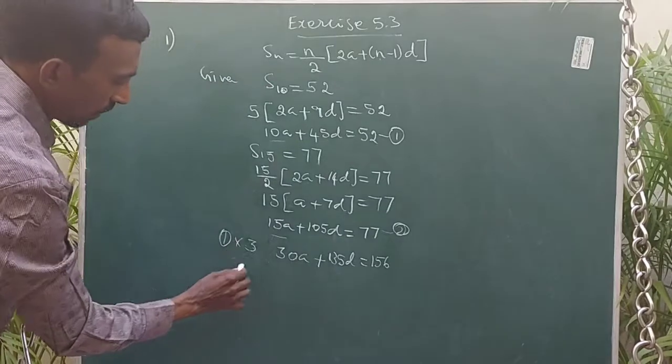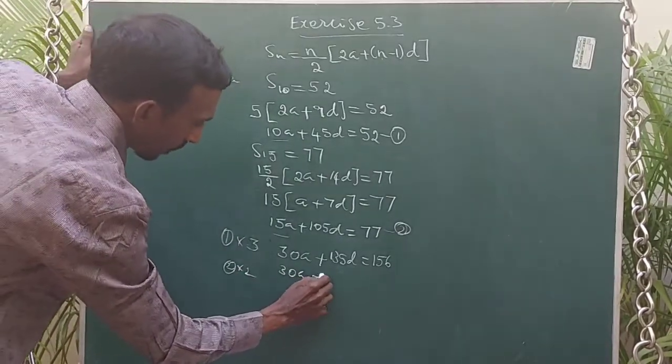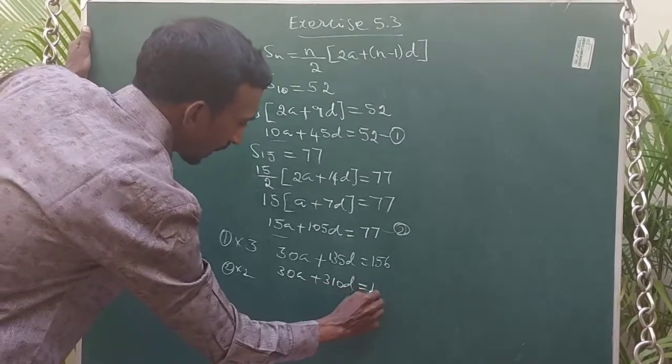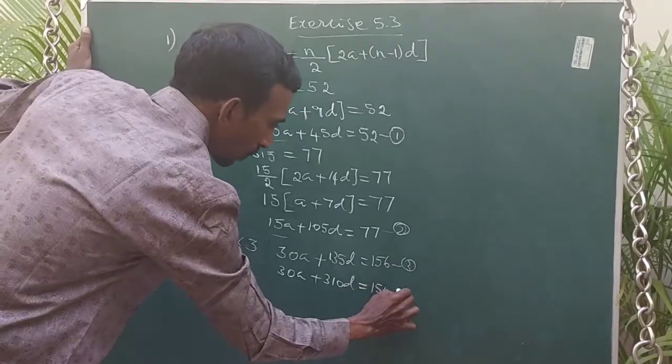Similarly, multiply the second one by 2: 30a plus 210d equal to 154. Take it as 3 and 4.